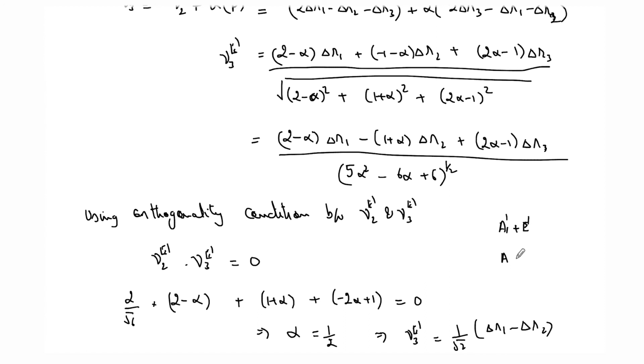Now what you are left with is A2 double prime and another E prime, right? This is the stretching that we have already seen, and this portion is left for the bending modes. I leave it as a home assignment, so try to do it yourself, otherwise we will discuss it in the interaction session.